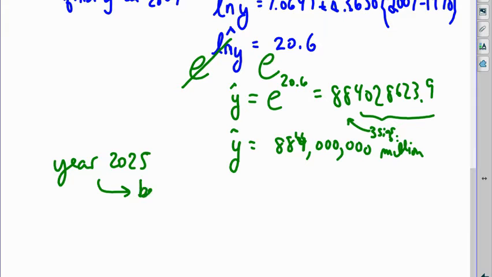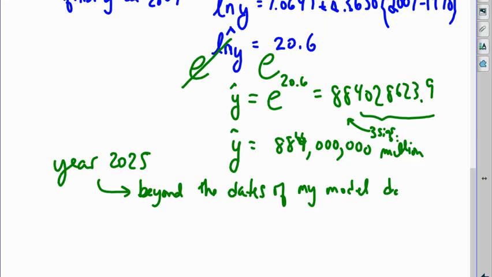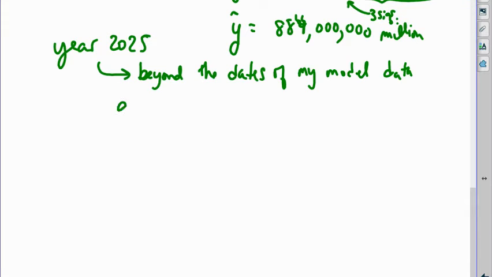This is beyond the dates of the model. Okay, so it's beyond my model data. So what do we call that when we have something like that? It's extrapolation. And so it would not be appropriate to use the model for this date.